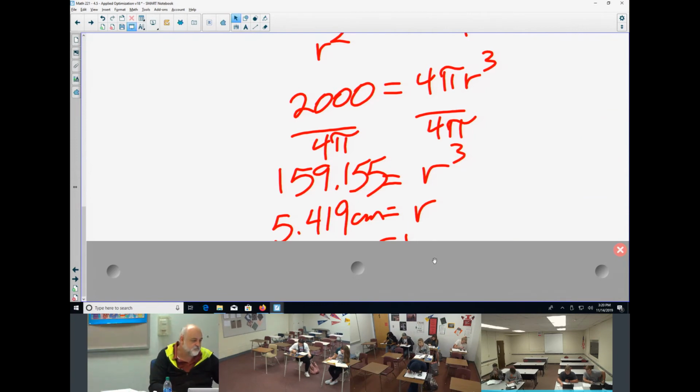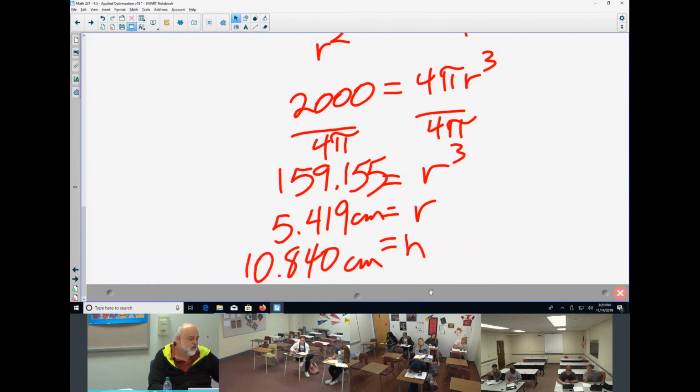There it is. Okay. And so actually it ends up being double. The reason why it's not exactly 2r is because of rounding. Okay. All right, any questions on that?